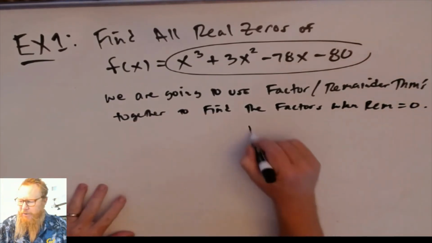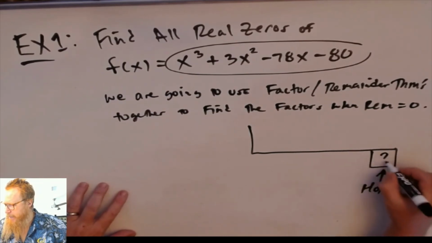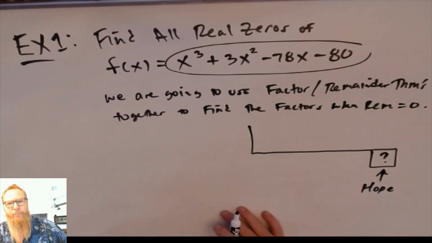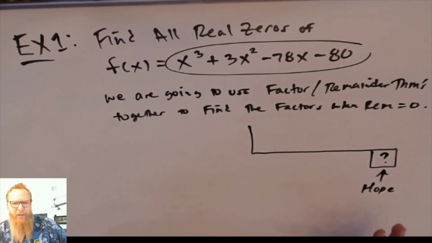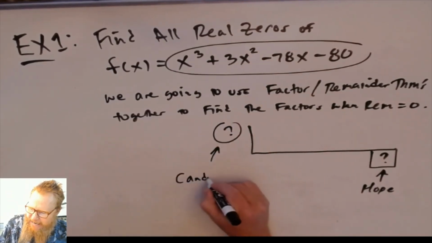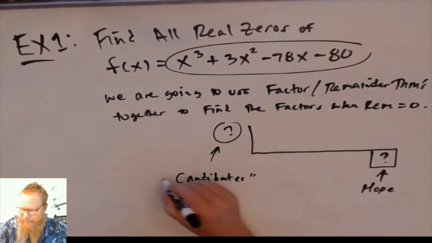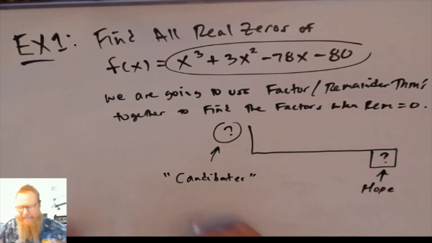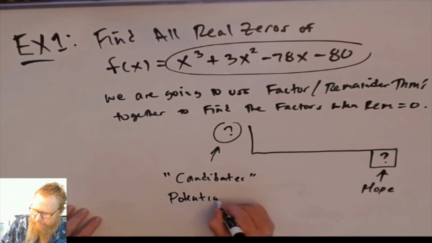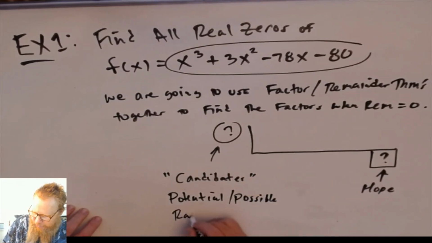So in other words, we're going to hope that we get a remainder of 0. Okay. So what are we going to do? What we're going to do is divide by what we call candidates. Candidates are potential or possible rational zeros.